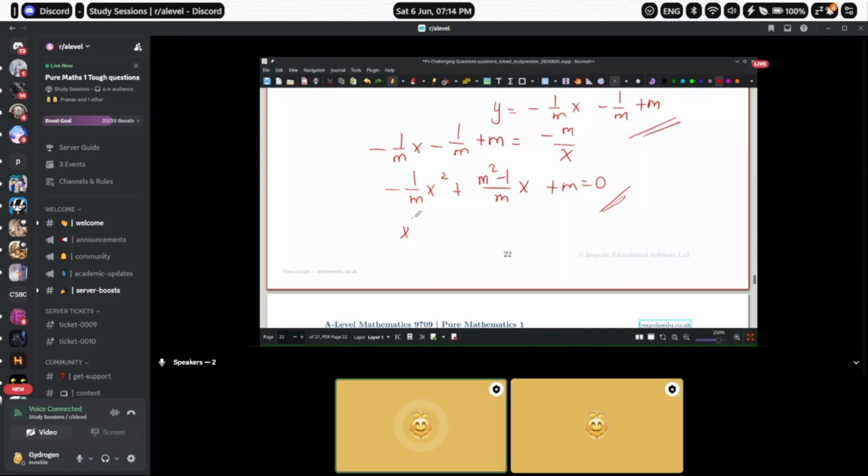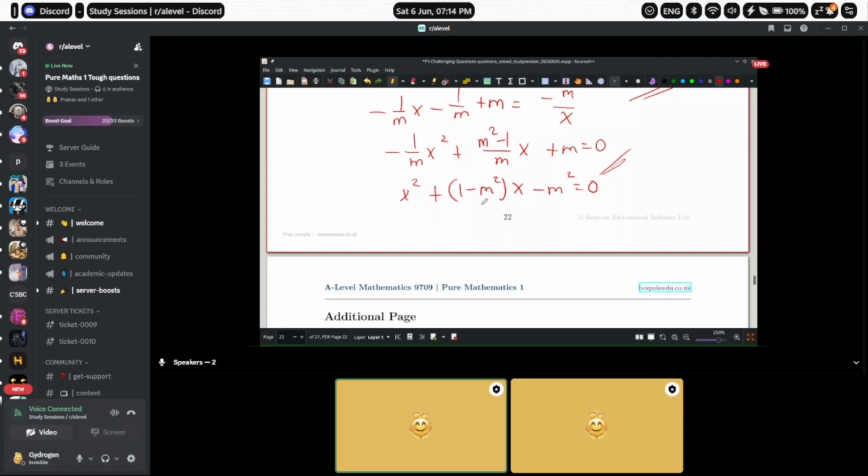So x squared plus 1 minus m squared x minus m squared equals 0. And then from here, you can use the quadratic formula maybe. b squared minus 4ac is 1 minus m squared, squared, minus 4 times 1 times minus m squared, which is the m to the power of 4.